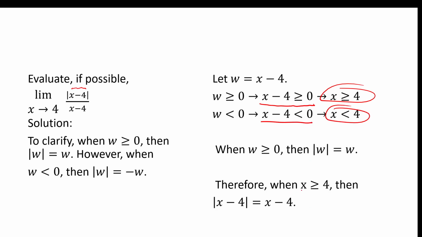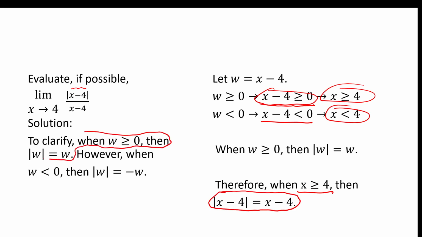So we're going to say when x is greater than or equal to 4, and x minus 4 is therefore greater than or equal to 0, the absolute value of x minus 4 is x minus 4. And this goes back to what we said here. When the interior part is greater than or equal to 0, the absolute value of it is itself.